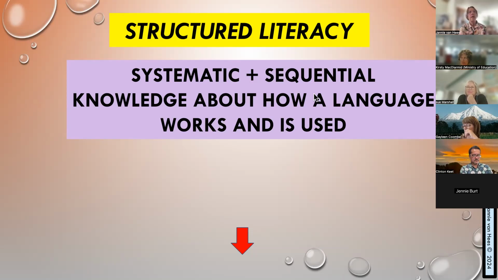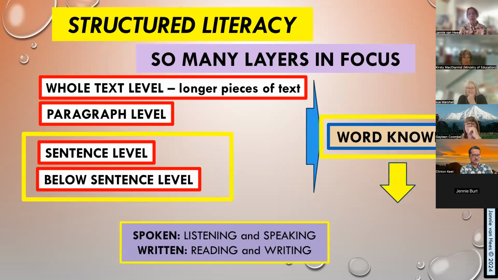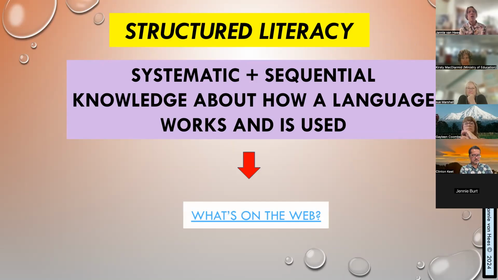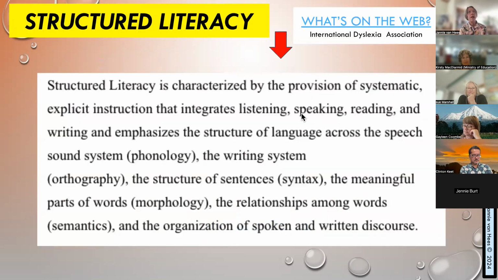So, why isn't it clicking? So what's on the web? And there's a lot on the web. I just uplifted a couple of excerpts from the International Dyslexia Association. You might think, well, that's weird. Why did I go there? But it was just sort of on top.